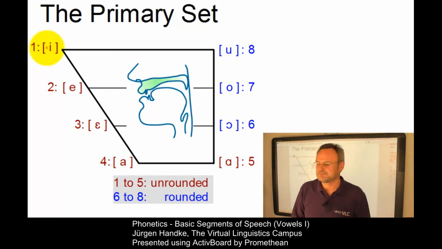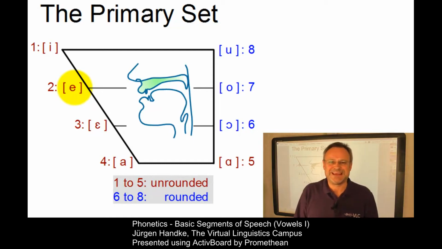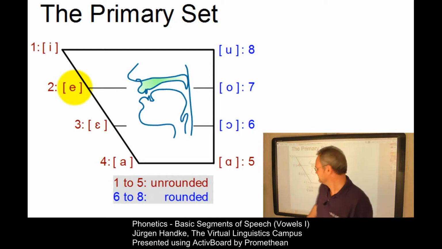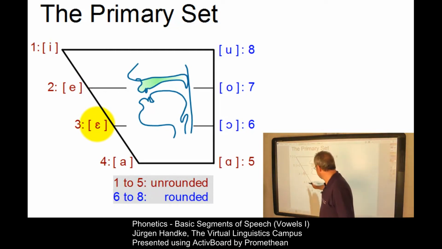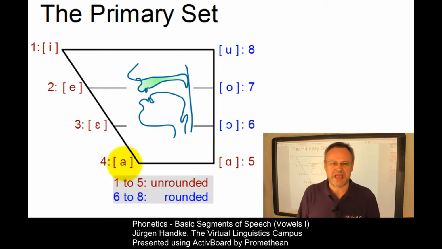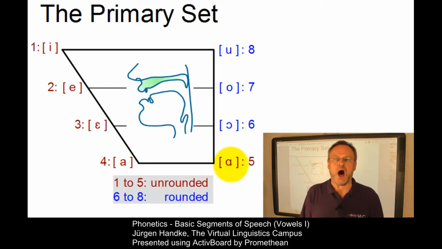E, E, A, A, O, and these vowels I've just produced are produced with spread or unrounded lips.